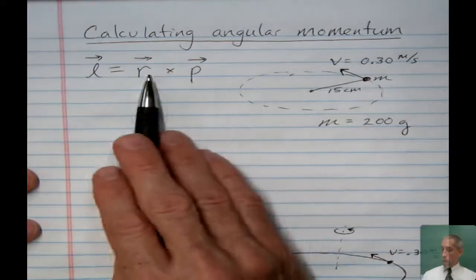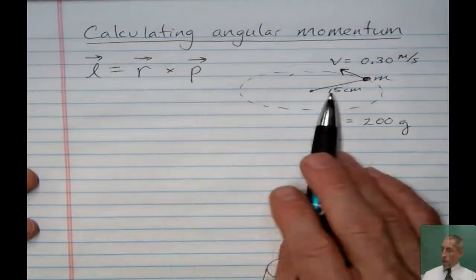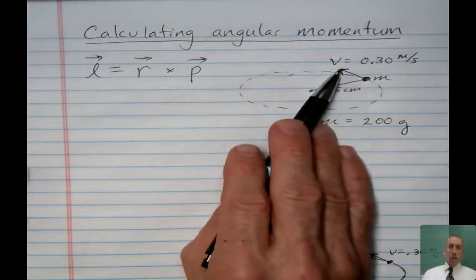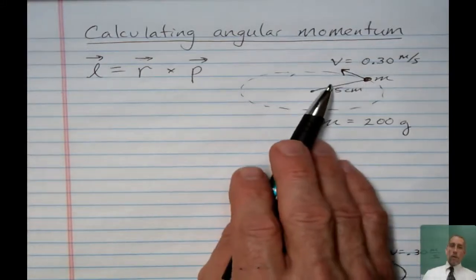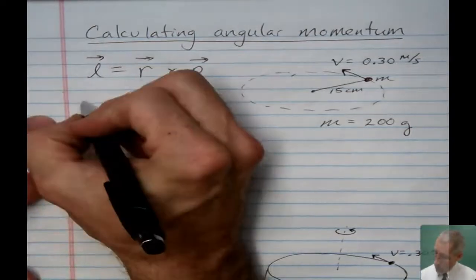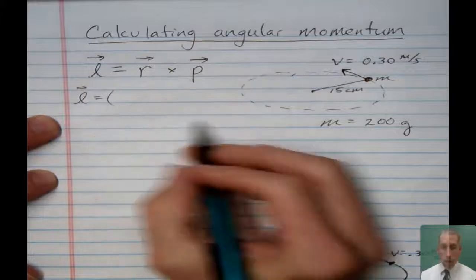And a cross product means that you take into account the angle between the r vector, here my radius, and this velocity vector. I don't really need to do that in this situation because that's a 90-degree angle and the sine of 90 is just 1. So what I would do in this case is multiply, and I'm going to change everything into MKS units.